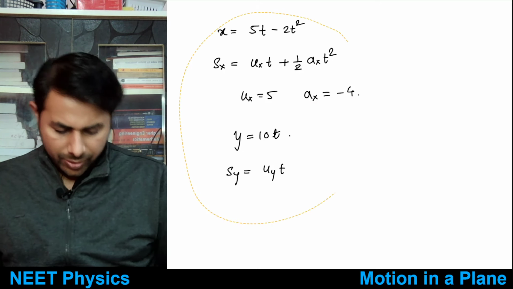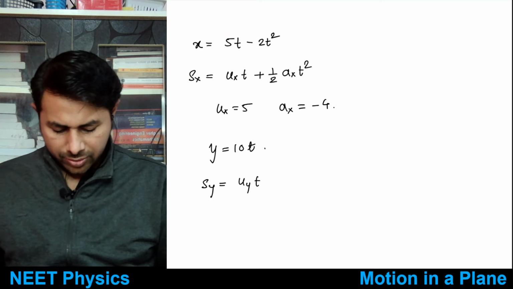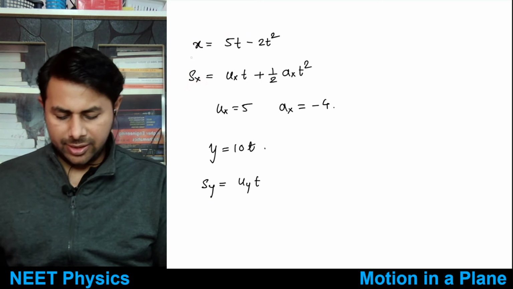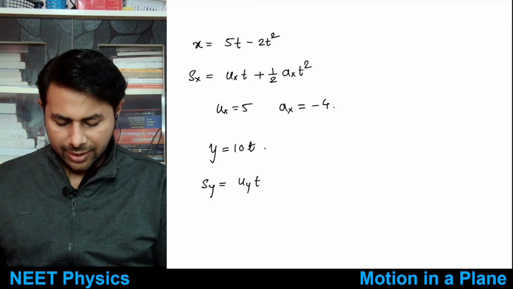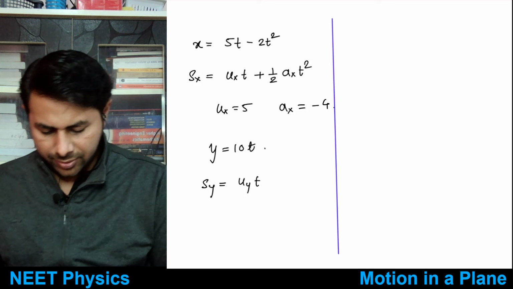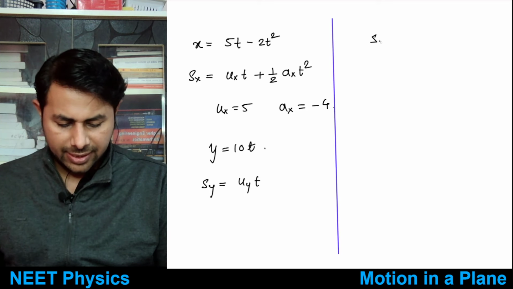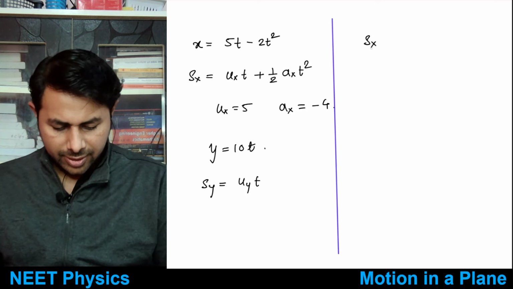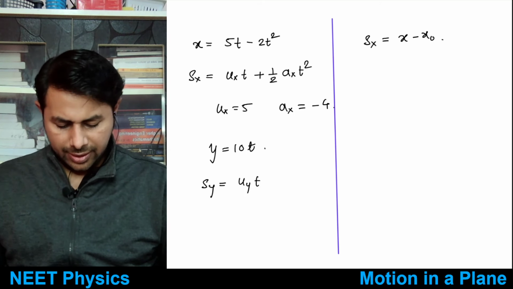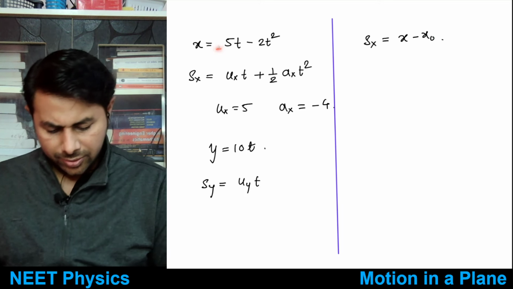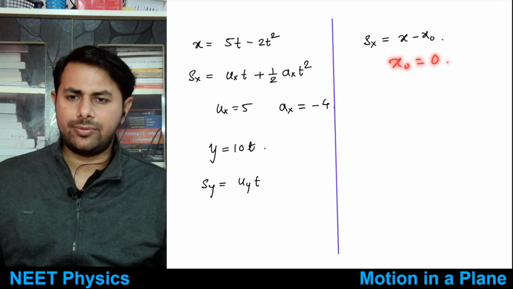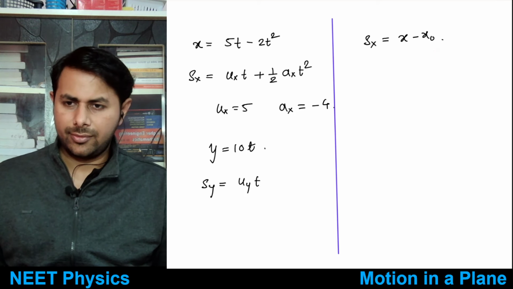Okay, good. So then now you might say that this is the equation of displacement, this is the equation of position. They are not at all different. See, how can I say that? What is displacement in x direction? It is x minus x0. And if there is no x0, no constant term here, what does that mean? x0 is just equal to 0, right?